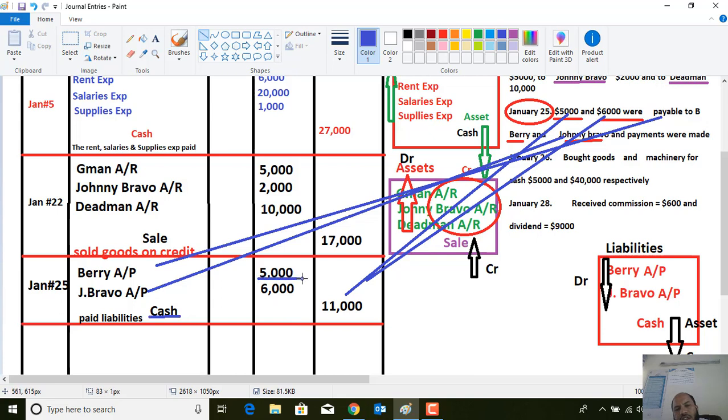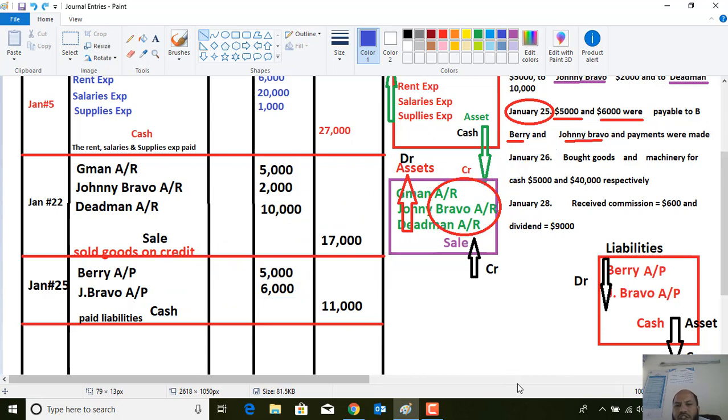So we record the decrease in the debit side, which were 5,000 and 6,000, and we recorded the decrease in asset, which was equivalent to 11,000. How is it equal to 11,000? We added both 5,000 plus 6,000, it was equivalent to 11,000. So dear students, this was the record for the January 25 transaction. Okay, good.